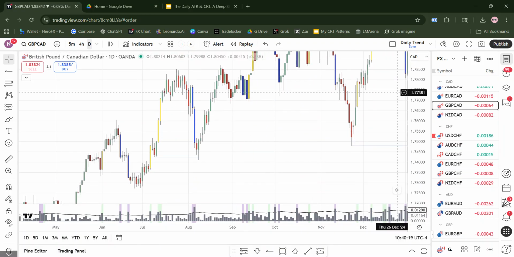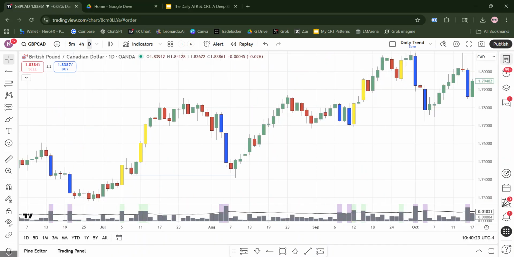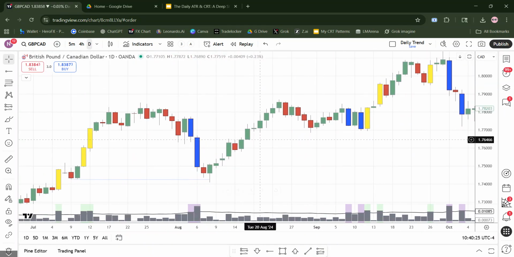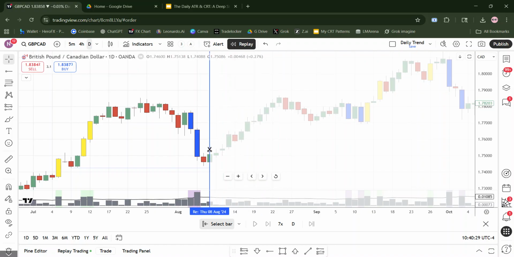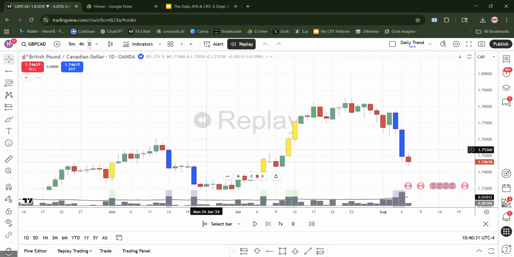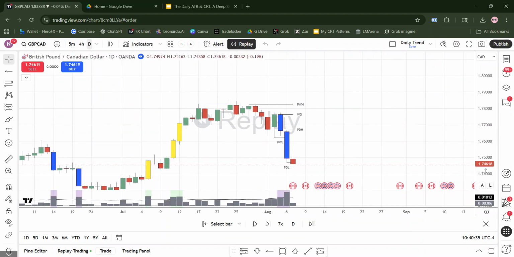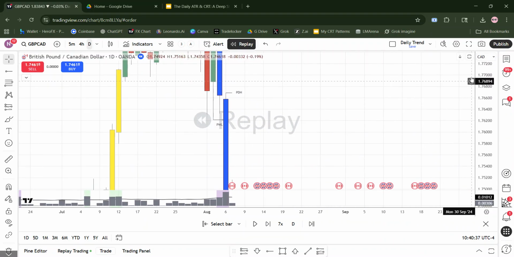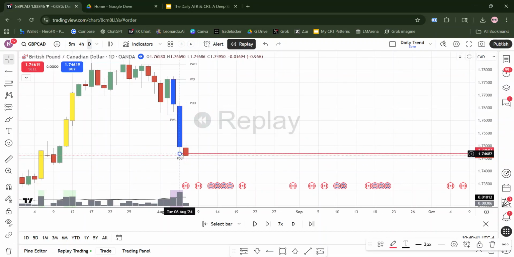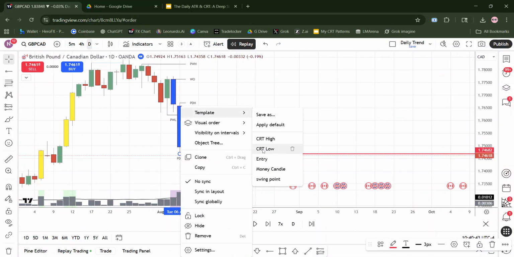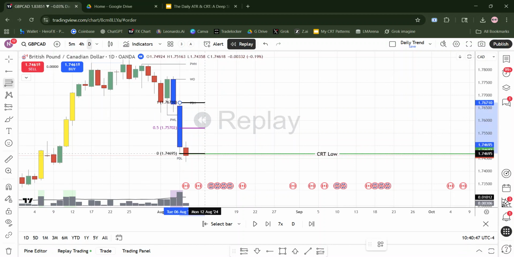Okay, so here's one right here. Here's a blue candle, but I need to see if it's below the prior week low. So we'll do our replay option, and I'm going to go right here. Okay, and it is. All right, because we're long, I'm going to mark the prior week low here, and we'll mark the middle of the range with our fib like that.